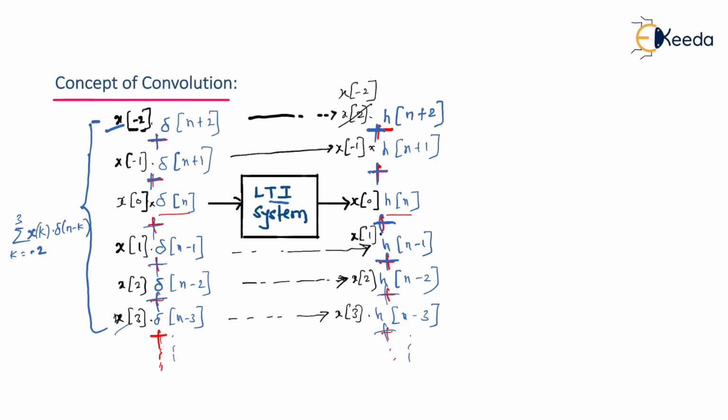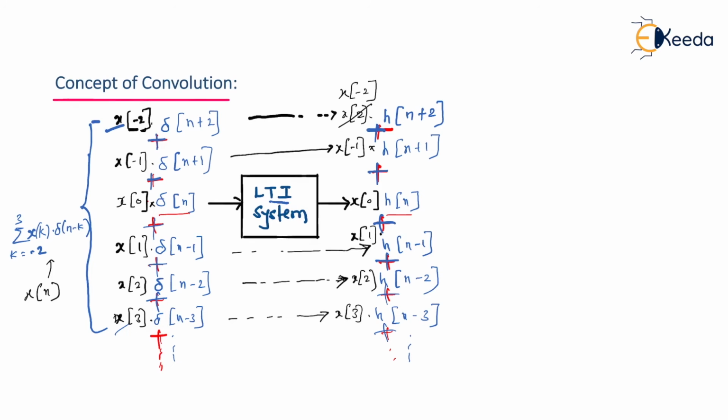So here I'm varying my k from minus 2 to 3, and this is what we call x of n. Is that right? So I have expressed my x of n as summation, k varied from minus 2 to plus 3, x of k del of n minus k.